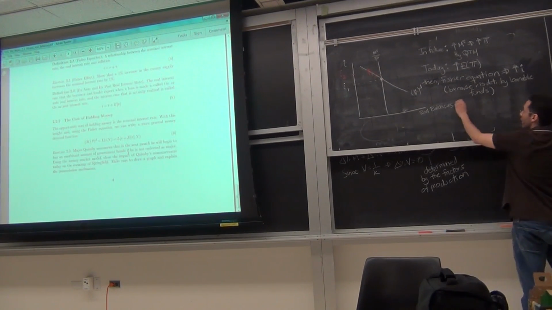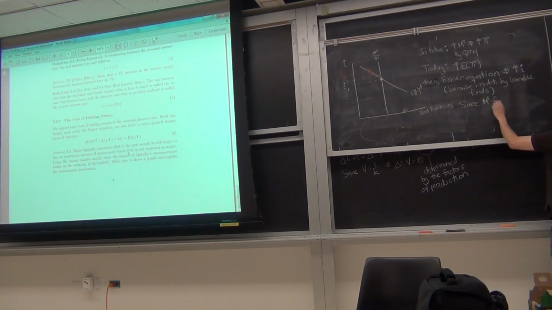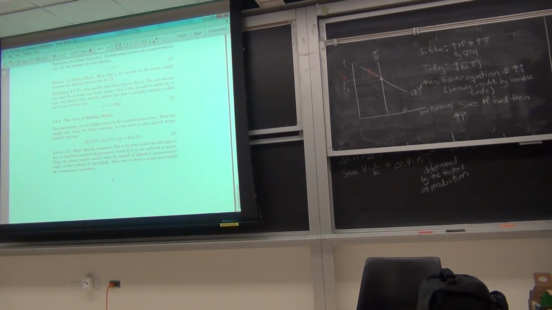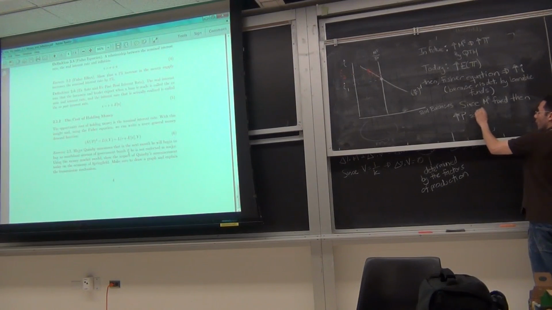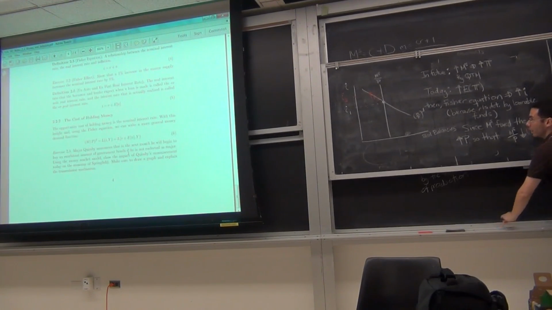So, since MS is fixed, then prices have to go up today so that the real money supply shifts down or to the left, right? Decrease. And then I'm back in the equilibrium, right?